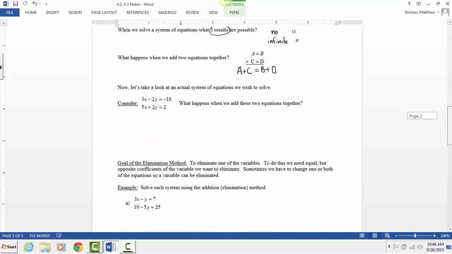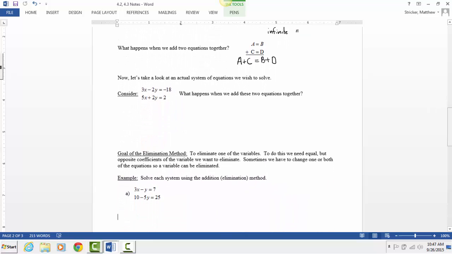So let's first look at this example here, and let's talk about what happens when we add these two equations together. I'm going to add the left side first, and notice that these equations are lined up. So the x's are lined up, the y's and the numbers. If I add the x's, 3x plus 5x is 8x, and negative 2y plus 2y, well, look, those have the same numbers but the opposite sign.